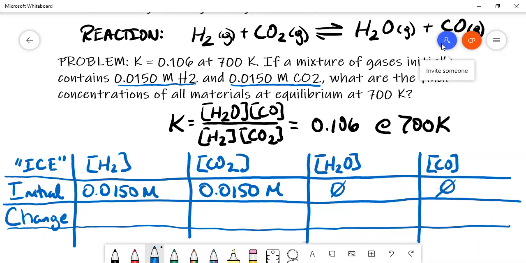It better go to the right. Okay? So that means I better have positive change for the products in this reaction. That positive change is expressed by a plus X.